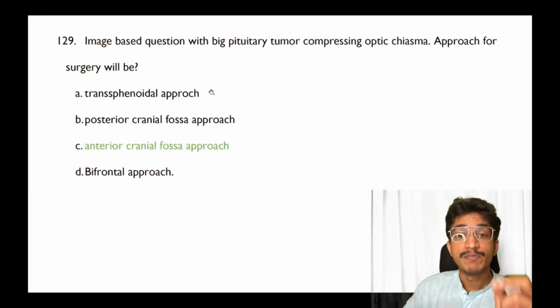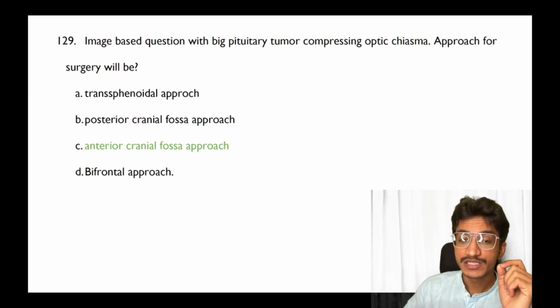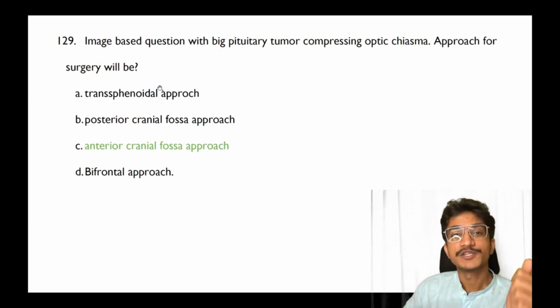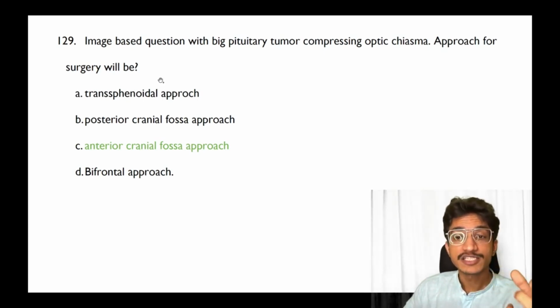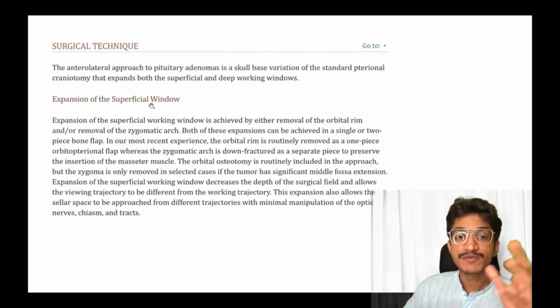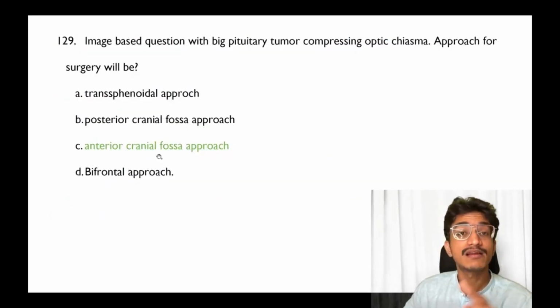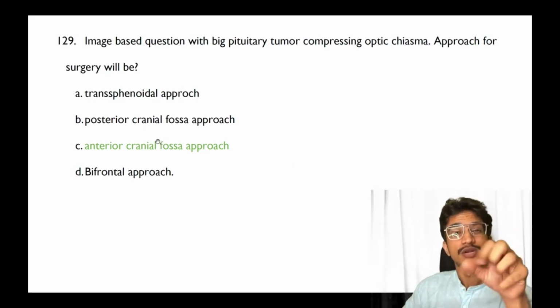Moving on to the next: a big pituitary tumor compressing over the optic chiasma, approach for surgery. Basically, you go for a transsphenoidal approach for pituitary adenomas, which I have seen in the literature. But as it is a very large tumor compressing over the optic chiasma, according to the articles I find, the best answer should be the anterior cranial fossa approach, because you need to go near the optic chiasma.